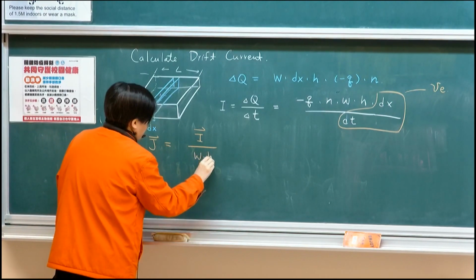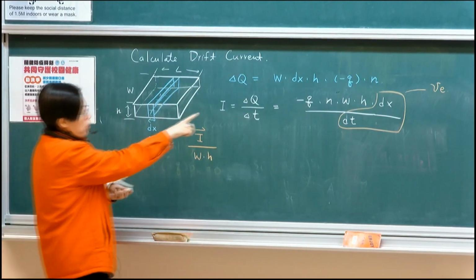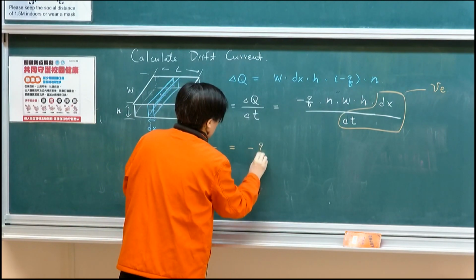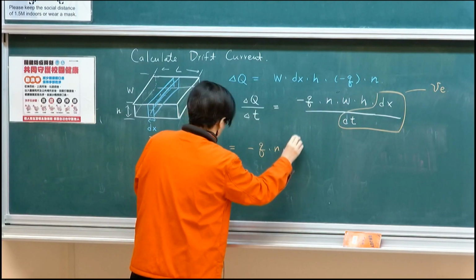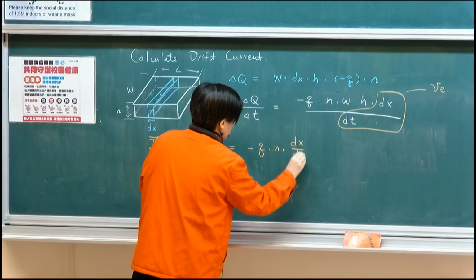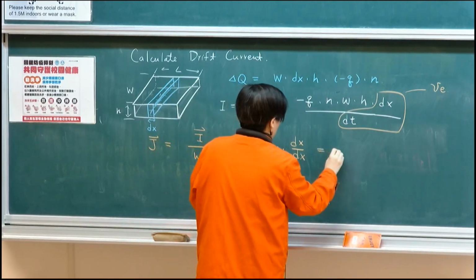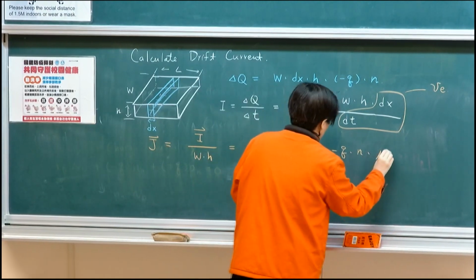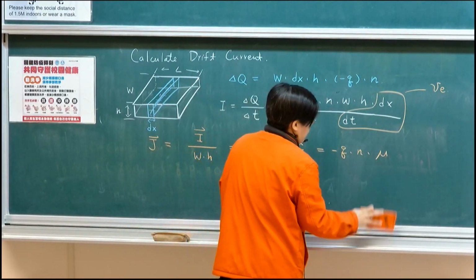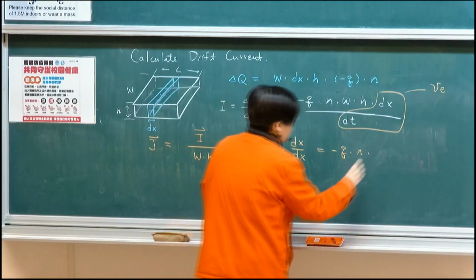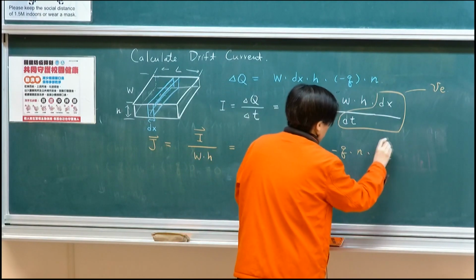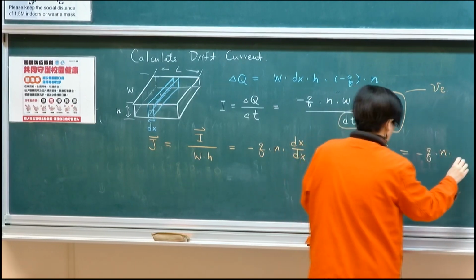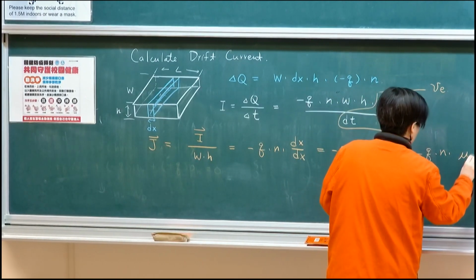So divided by WH, you put back this equation and it will simply give you minus QN times dx dt. We know that this is the speed. Let me write it down. Electron moving speed. And it will be minus QN mu n e.